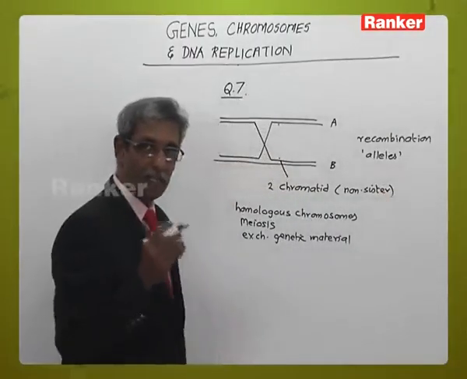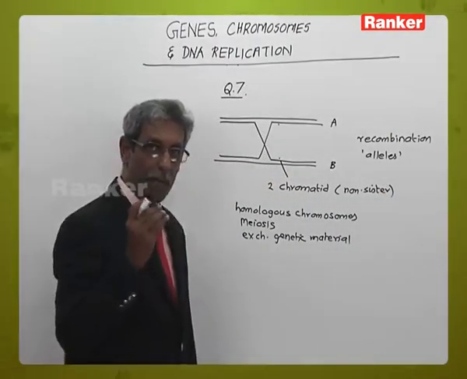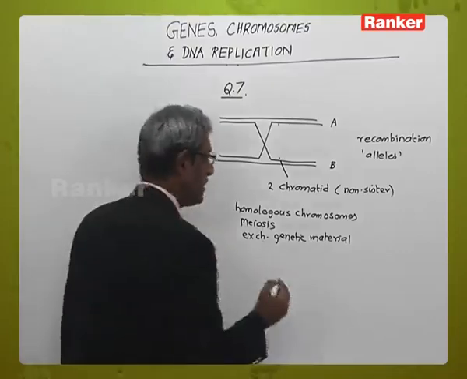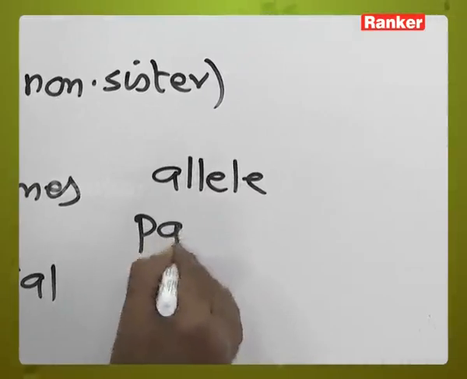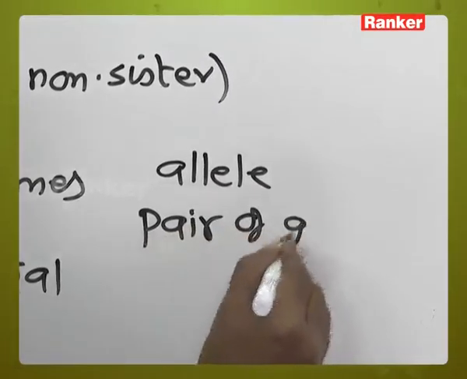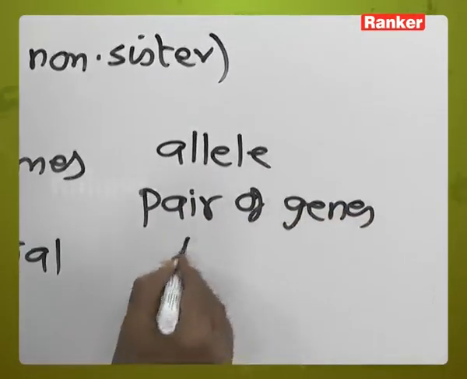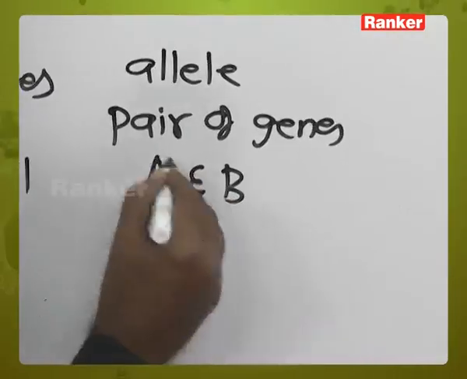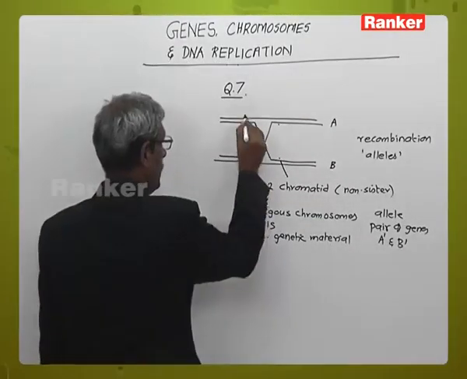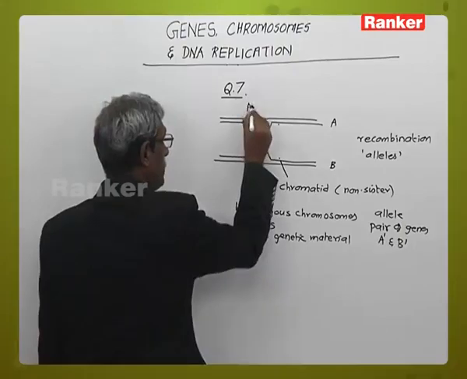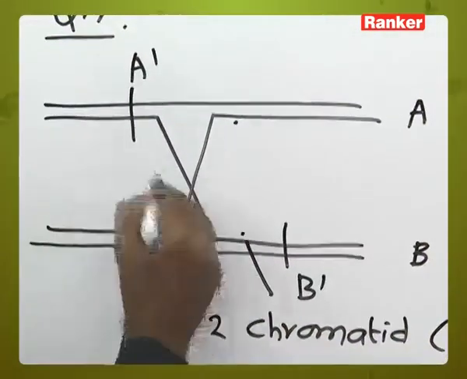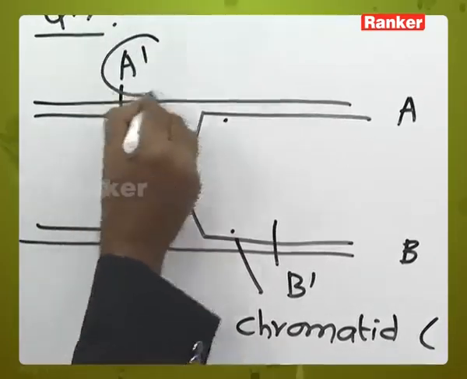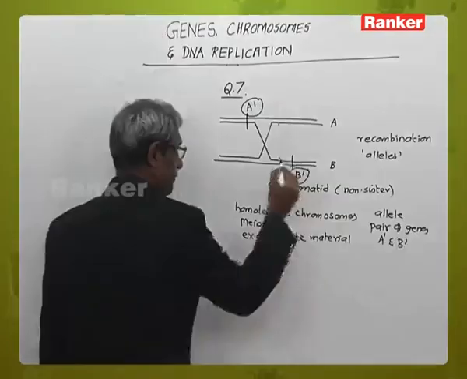An allele is a term used for a pair of genes, like A and B, or A dash and B dash. If we have A dash over here and B dash over here, during crossing over A dash combines with B dash.